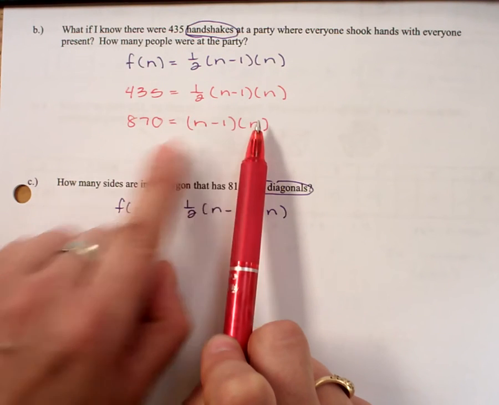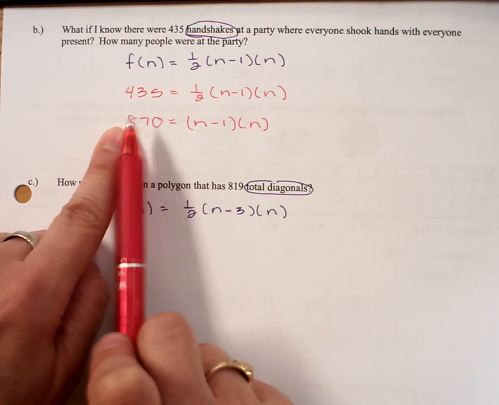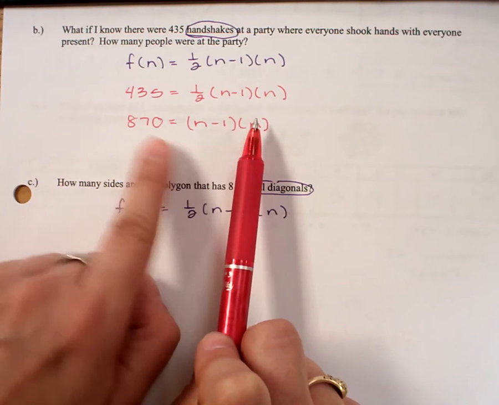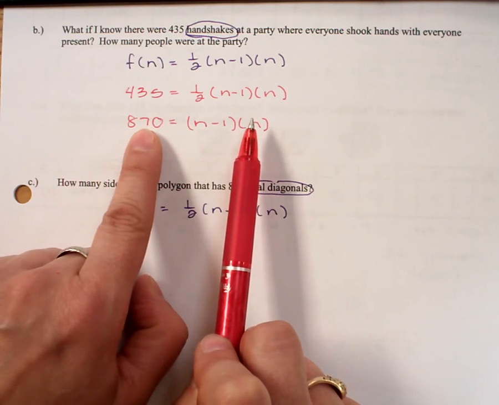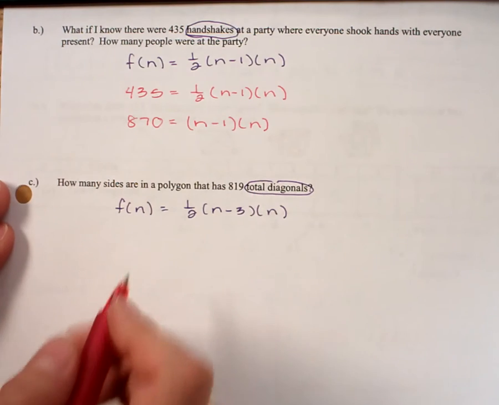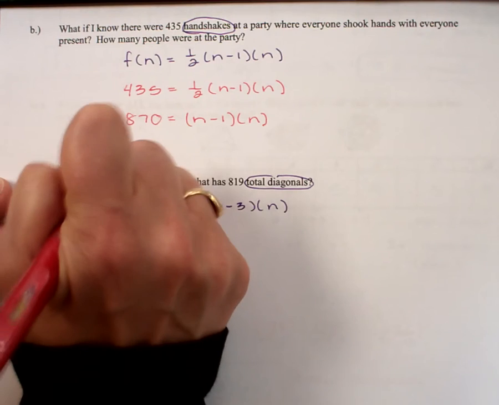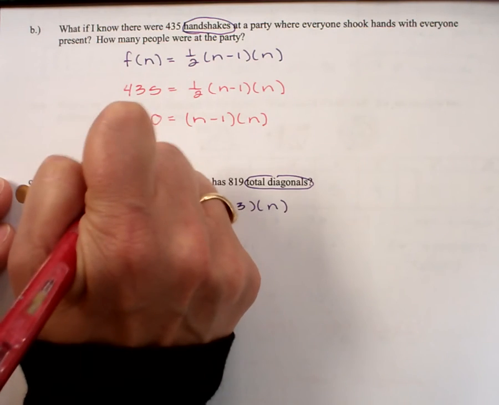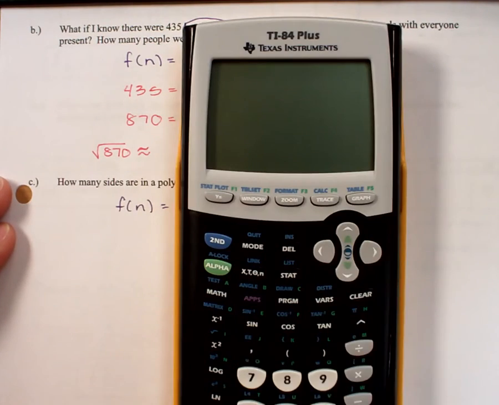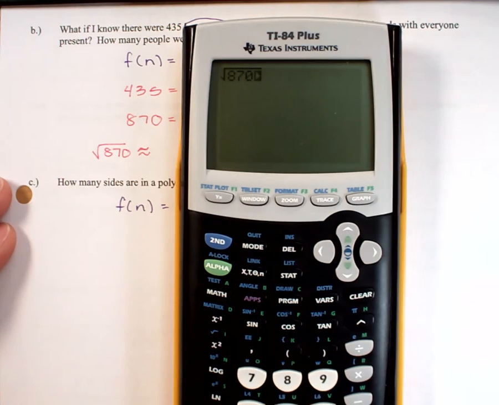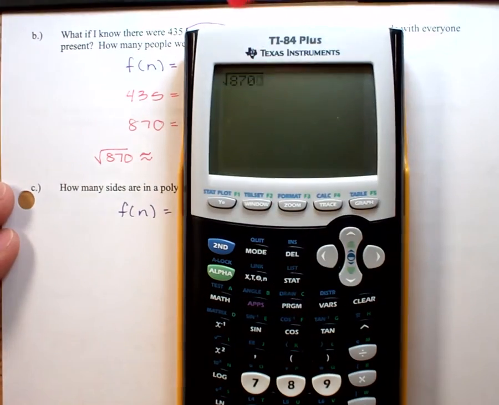So if it's almost a perfect square, what I'm going to figure out is the square root of 870. It's not going to be an exact answer. I'm just going to poke it in my calculator here. If I do the square root of 870, see if I can make this show up a little bit better for you there.